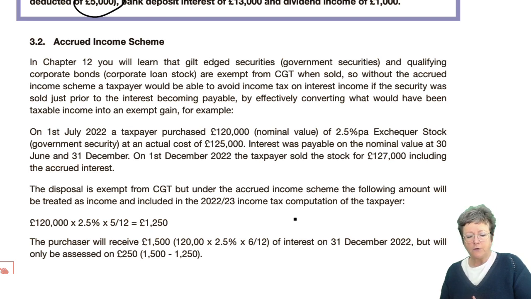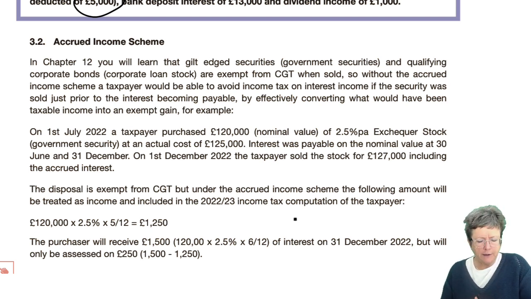So without the accrued income scheme, in other words, what income has been accrued in that bond or stock in that period of time, they could avoid paying income tax on the interest that they receive, because normally it's paid every 6 months.